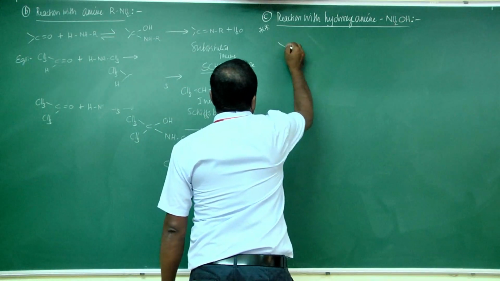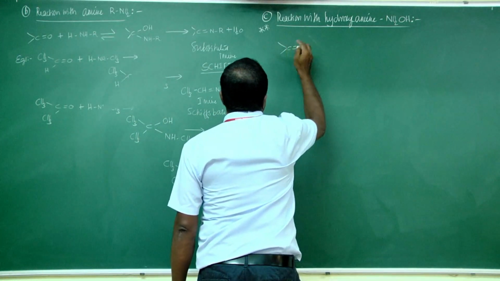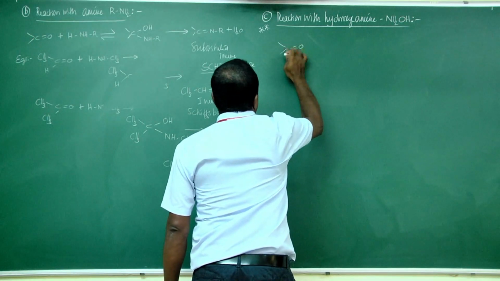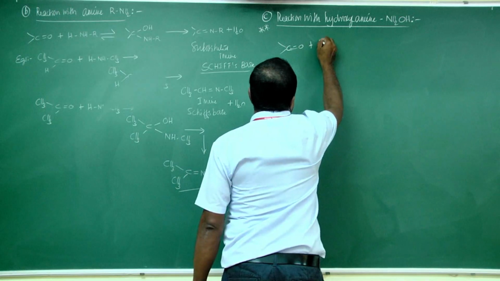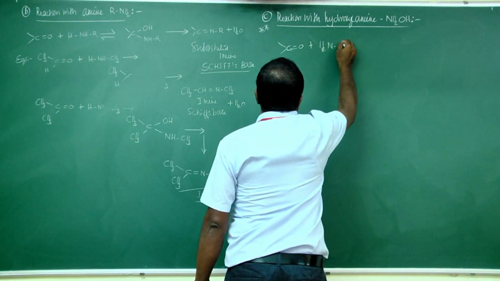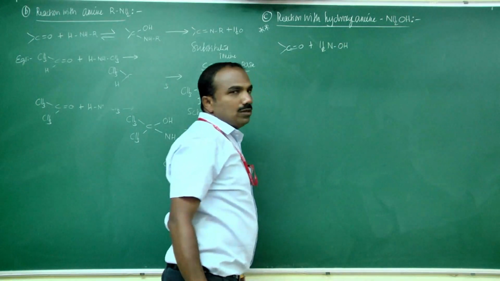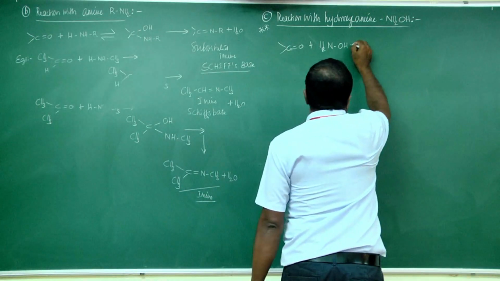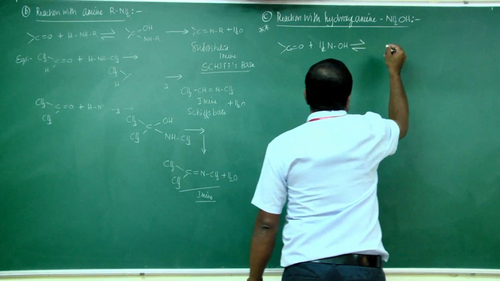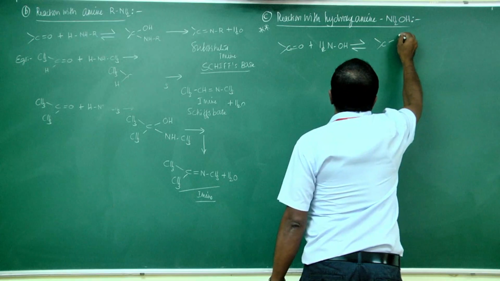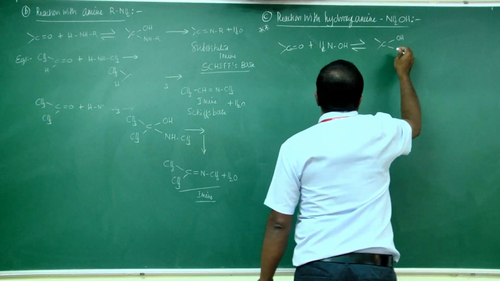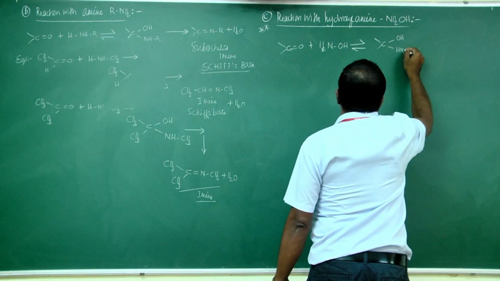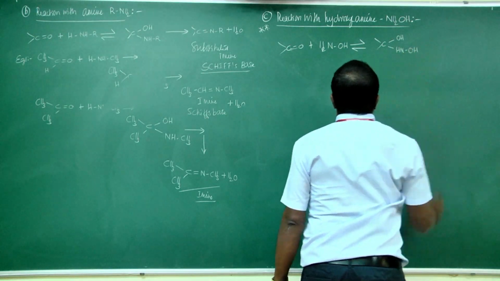So carbonyl compounds react with hydroxylamine, NH2OH, to form the intermediate, that is single bond C, single bond OH, connected to H, N, single bond OH.